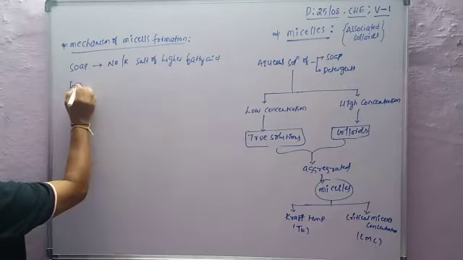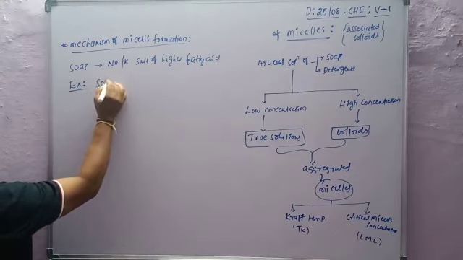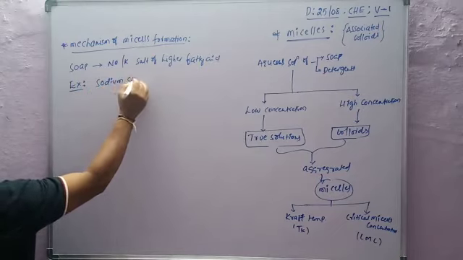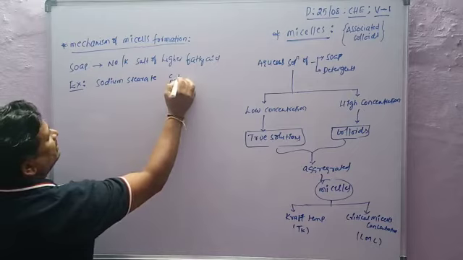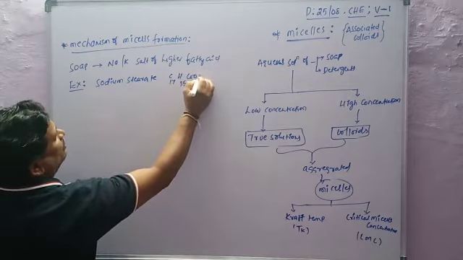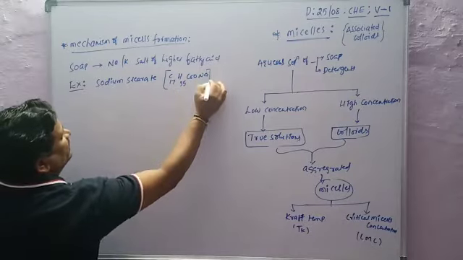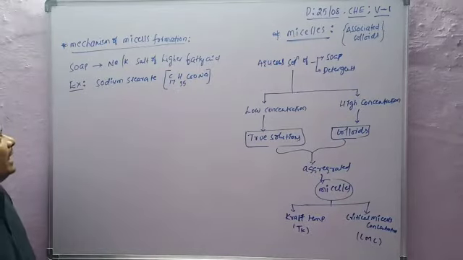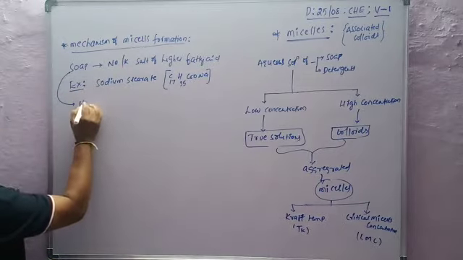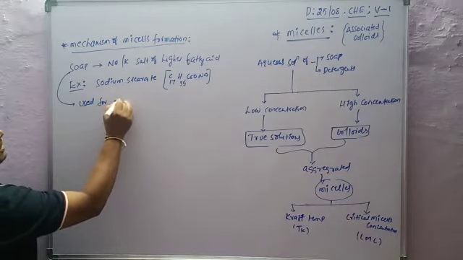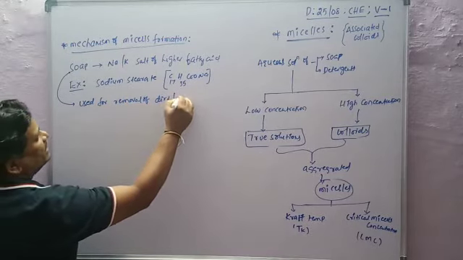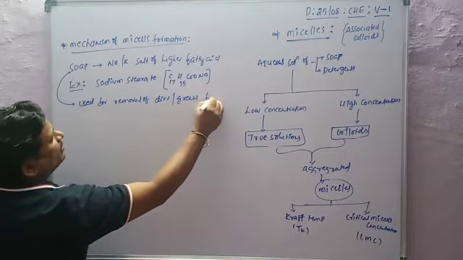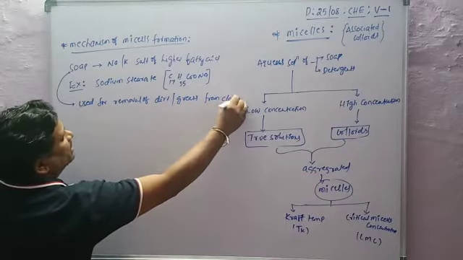The best example is sodium stearate, C17H35COONa. Soap is used for removal of dirt particles or greases from clothes.